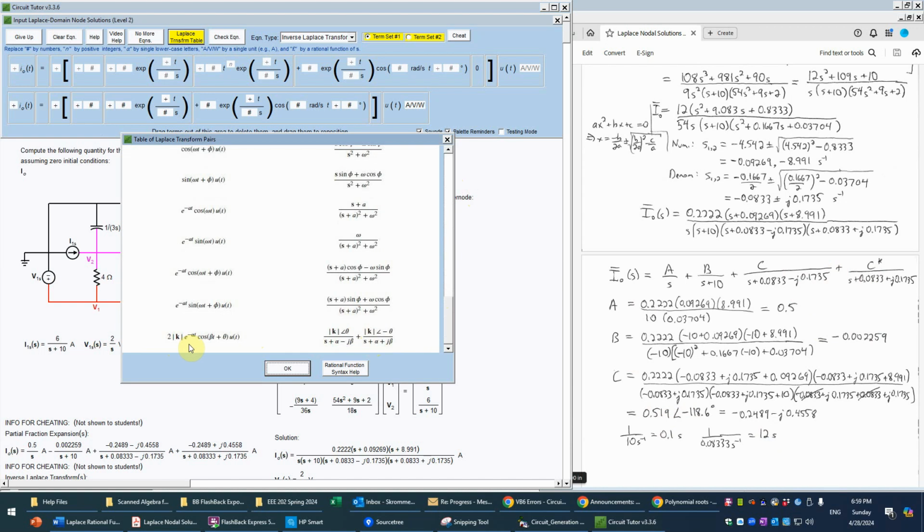So now to compute this inverse transform, we'll take 2 times that magnitude, which is the 0.519. And so I'll go ahead and just put that in. So let's see, let me get rid of my table here.